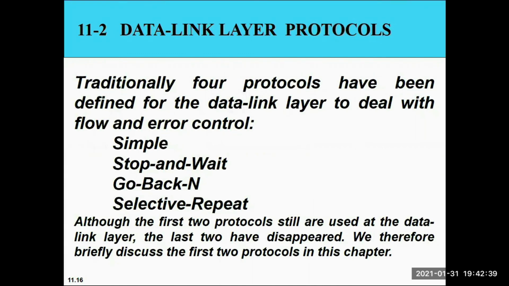So the first protocol is simple. Second protocol is stop and wait. Third protocol is go back and fourth protocol is selective repeat. Although the first two protocols still are used at the data link layer, the last two have disappeared. We therefore briefly discuss about the first two protocol, that is simple and stop and wait.